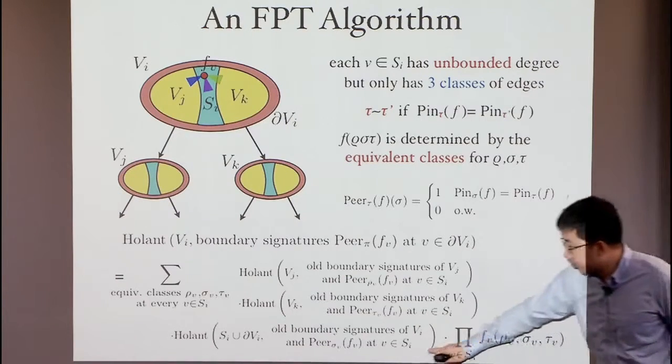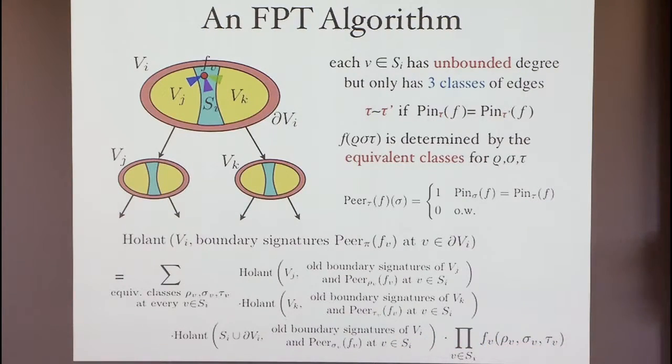And this third part is Holland defined on this separator. When we enumerate configurations, this part is easy to solve. It's trivial, it's just a product. But now it's non-trivial because those are not configurations. Those are signatures. So it's a non-trivial Holland problem defined on the separator.